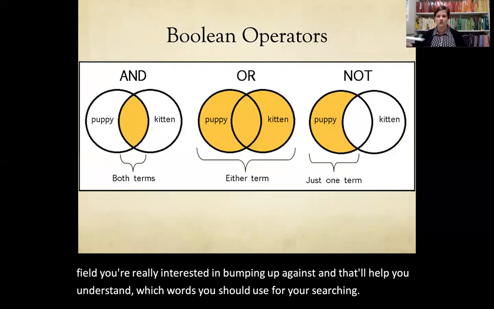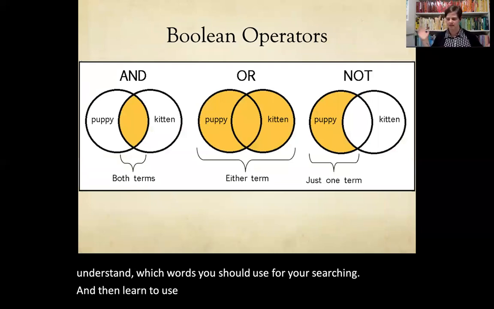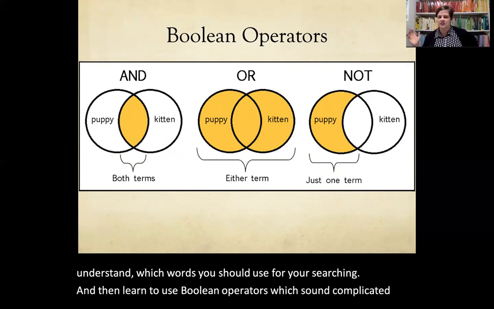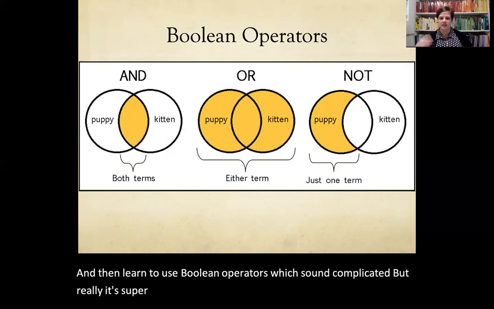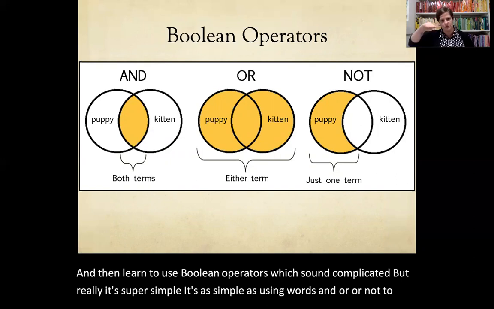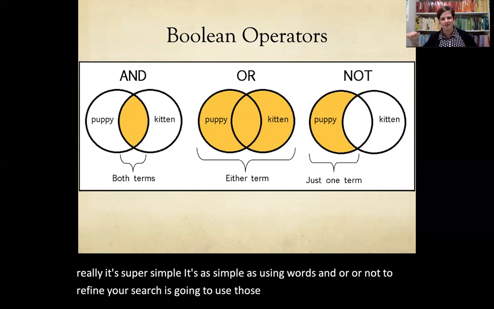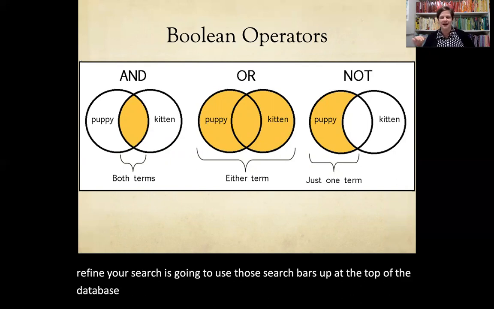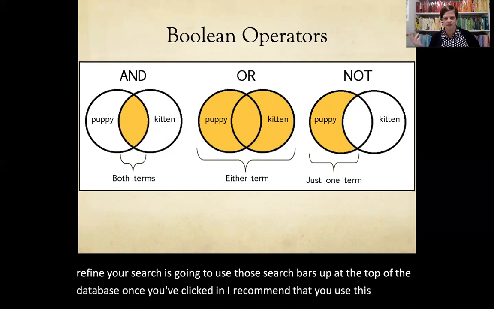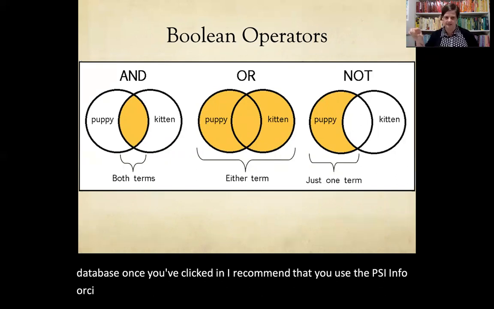And then learn to use Boolean operators, which sound complicated, but really it's super simple. It's as simple as using the words and, or, not. To refine your searches, you're going to use those search bars up at the top of the database once you've clicked in. And I recommend that you use like the SciInfo or SciArticles databases.